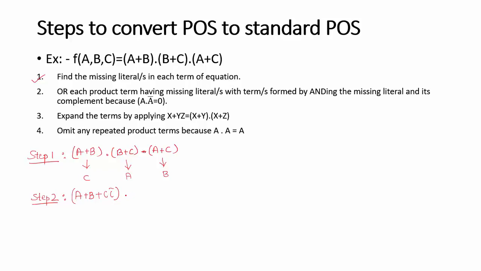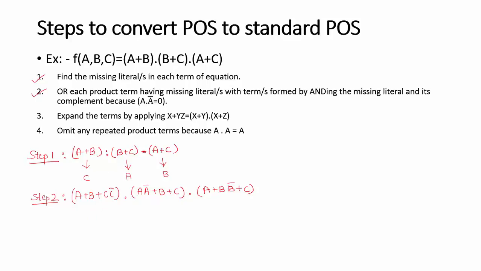Similarly, we'll do it for the other terms. So this will be A bar or B or C, and the third term will be A or B bar or C. So step 2 is done.